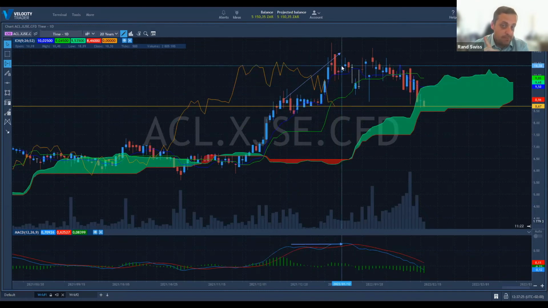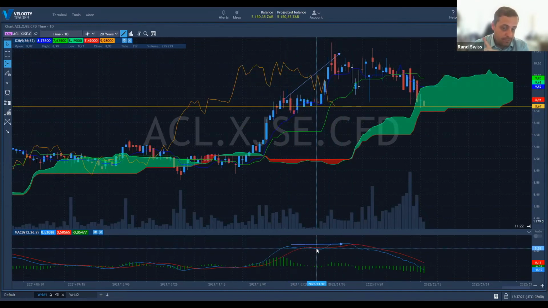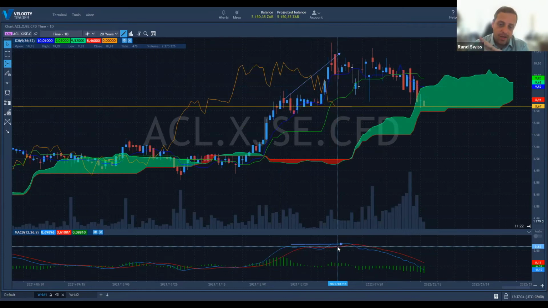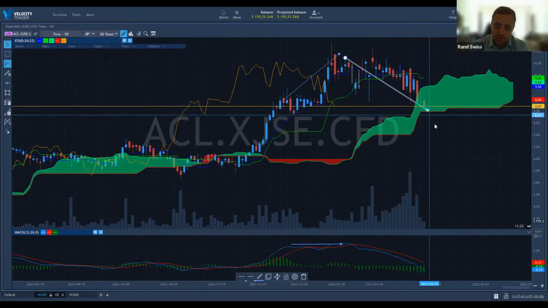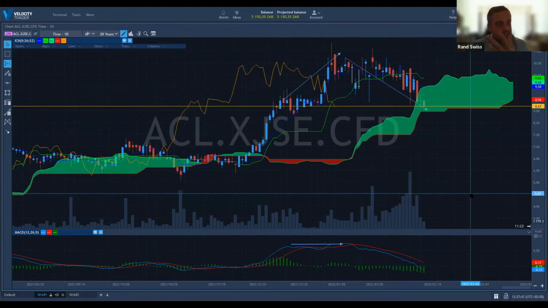This stock is going up, but the MACD was not going up with it. That was a nice big bearish divergence, and look what proceeded to happen. The stock proceeded to fall. So that's a good example of how these divergences can be very good indicators. Again, they're not 100% correct all of the time, but they can be very, very good at predicting a change in trend.